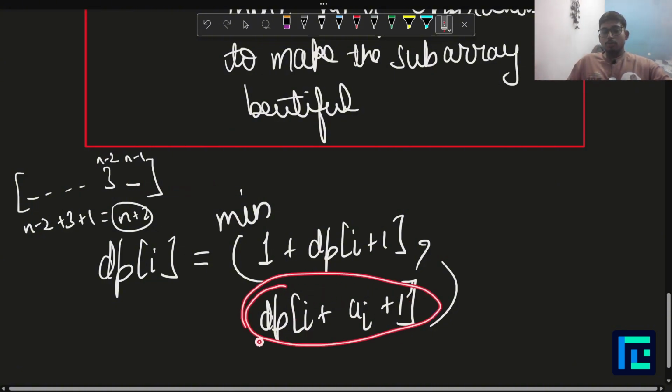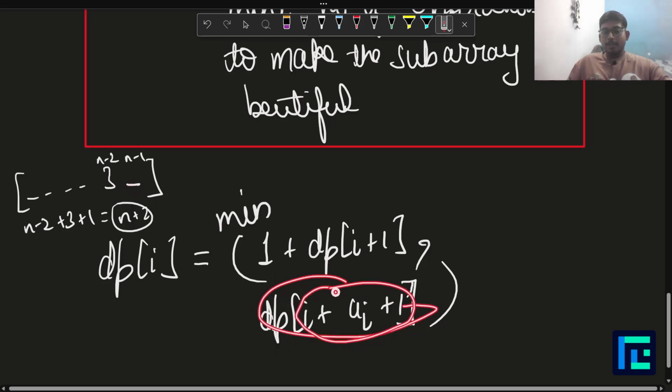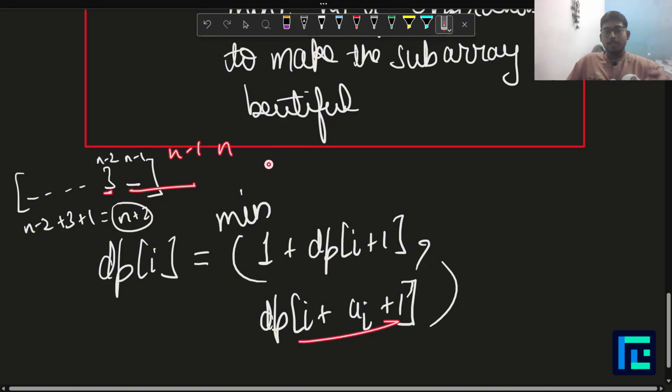This i + ai + 1 should not exceed n. If you have a 3 here, you should have at least 3 more elements. So i + ai can be up to n-1, and i + ai + 1 can be up to n. If we have 3 more elements here, then that is valid.